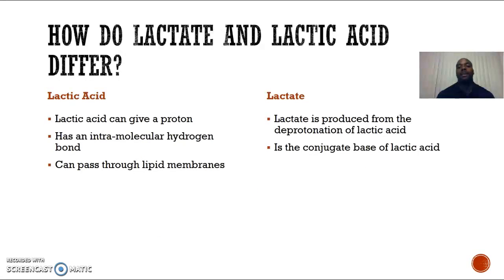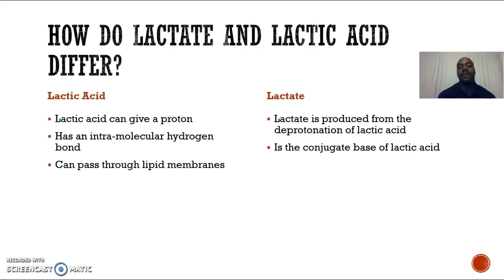How do lactate and lactic acid differ? They get used interchangeably, actually, but lactic acid can give a proton, lactate can't. Lactate is produced from the deprotonation of lactic acid, so it's the base form of lactic acid.